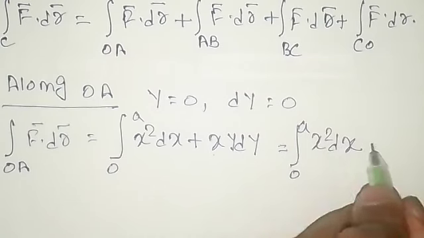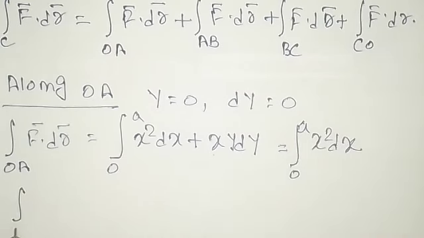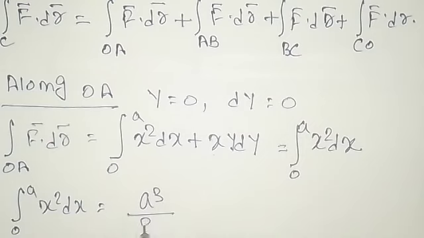While you integrate, x square integrates to x cube by 3, and when you put the limit A, it becomes A cube by 3, right?